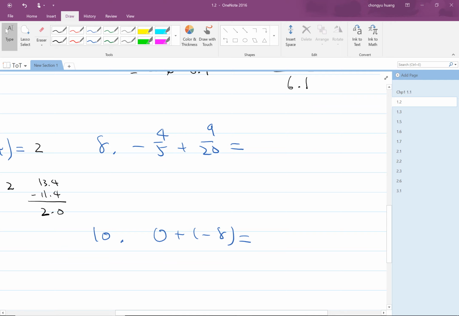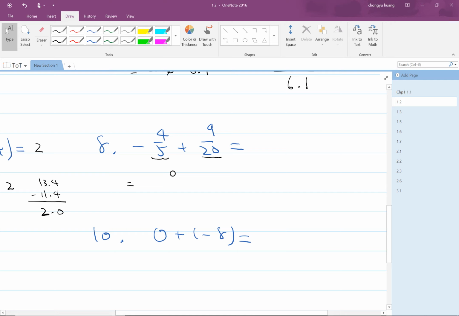So this is another fraction question. Here is negative 4 over 5 plus 9 over 20. This is negative, this is positive, but they have different denominators. So we want to make 5 become 20.